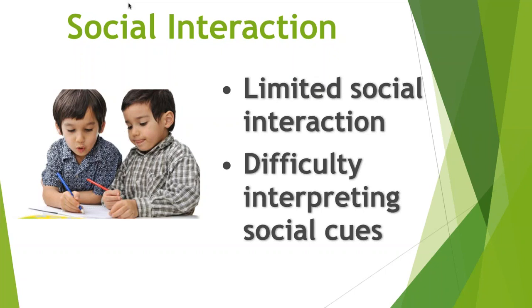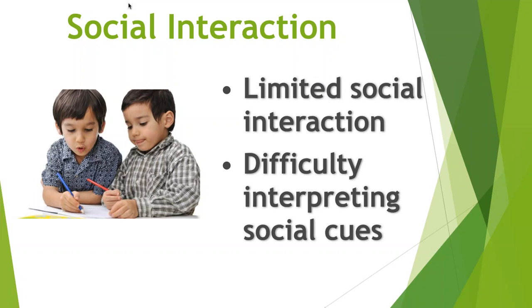The second area, and again, there's a lot of overlap in these areas, but particularly communication and social interaction. The second area that folks may find people with ASD having difficulty is in the communication area. Initiating conversation is difficult.